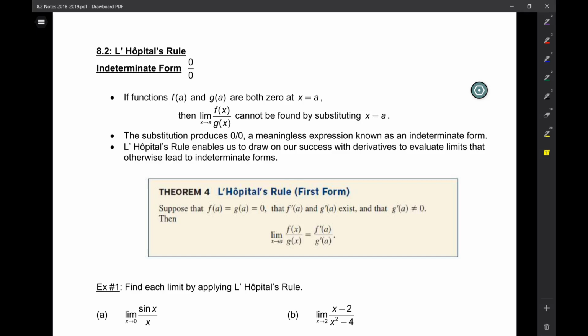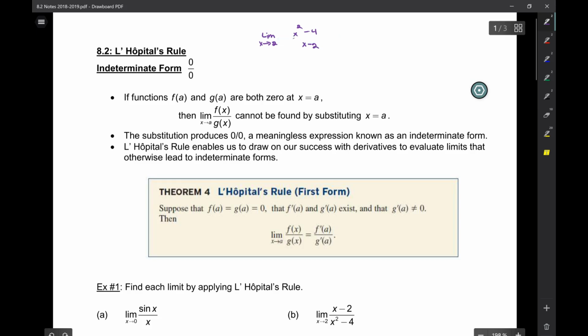You remember when we were talking about limits, and when you had to find a limit algebraically, often we got 0 over 0, right? So for example, the limit of something like x squared minus 4 over x minus 2. This was a problem from way back when: limit as x approaches 2 of x squared minus 4 over x minus 2.